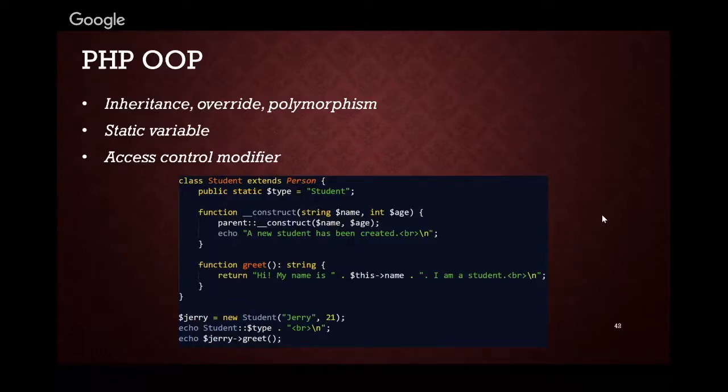Let's say student extends the person class. This one will be the superclass, and this one the student class. So you new a student, and since this one is a static variable, you should use two colons here to access the static variable of the student class.